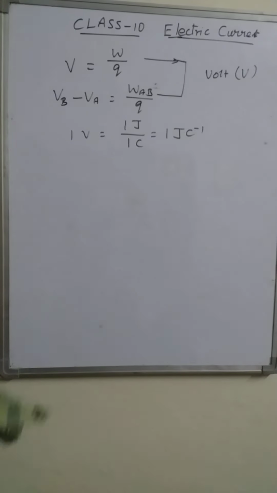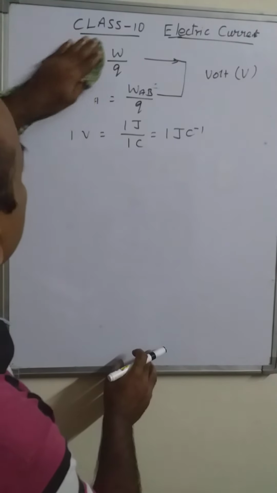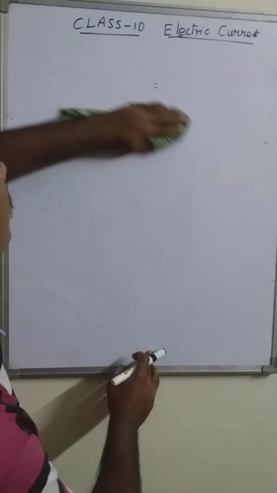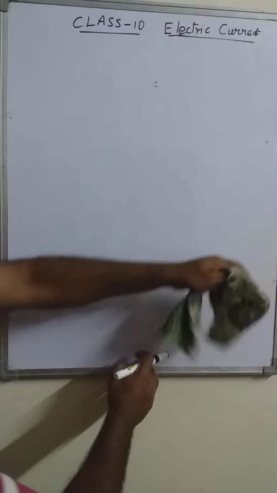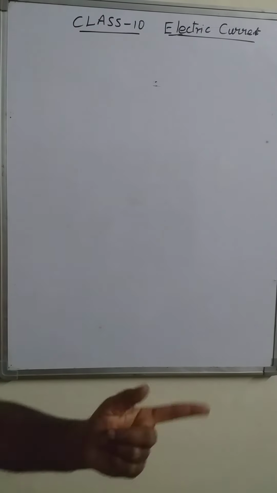Now we move on to the next part. So why is this potential difference to be discussed? Because the potential difference is the work done to move a charge from one point to another point.